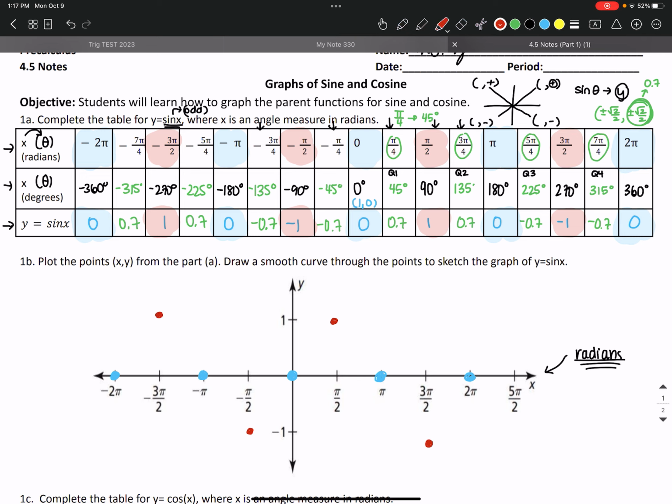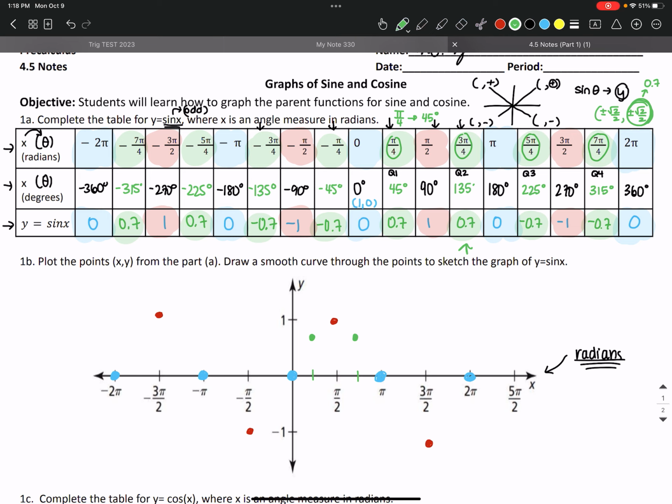And then I'll go in with all the ones that go back and forth between 0.7 and negative 0.7. Those are all the ones that have a reference angle of pi over 4. I'm going to plot the ones on the right first. So I have pi over 4 comma 0.7. Pi over 4 is in between 0 and pi over 2, so it's here, and there's my point. Then 3 pi over 4 comma 0.7 is in between pi over 2 and pi, so I have a point here.